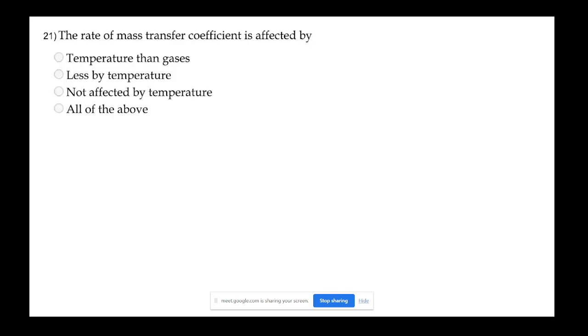The rate of mass transfer coefficient is affected by dash.